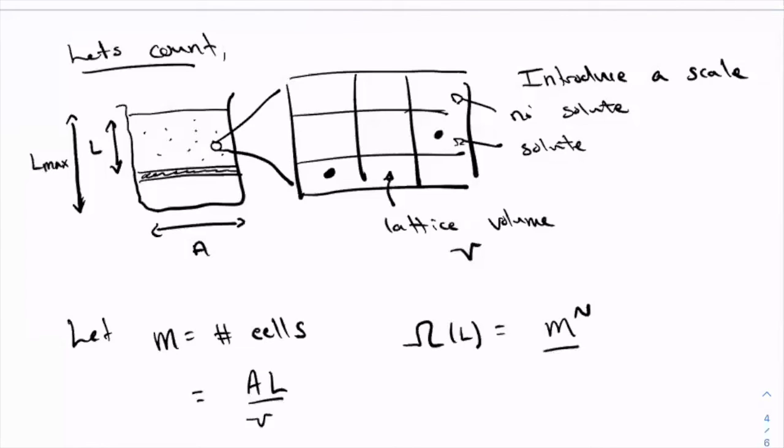And I've overcounted by a factor of N factorial because this configuration, for example, if I re-highlight that configuration, looks the same if I put the particle down in the bottom left first, and then the particle at the right second, or if I did it vice versa. So there's a permutation accounting for the fact that particles are indistinguishable.